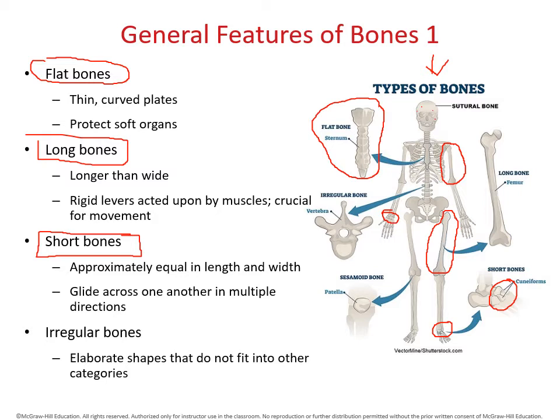Our last category for classifying bones this way is if you have a bone that is neither flat, long, or short, we have a miscellaneous category, and that's going to be called an irregular bone. So an irregular bone tends to have a very abstract type of shape, a very unique type of shape.